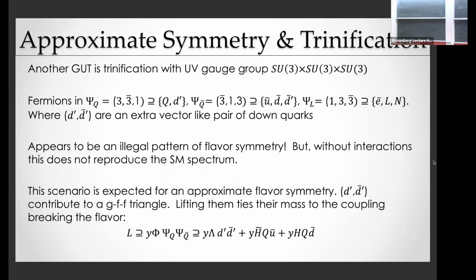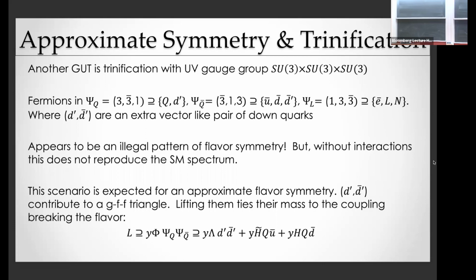And now here, D prime and D bar prime are an extra pair of vector-like down quarks needed to fill out the representations. And if you look at these flavor symmetries that could be there, you think that this is an illegal pattern. It's not one that appeared on my list.